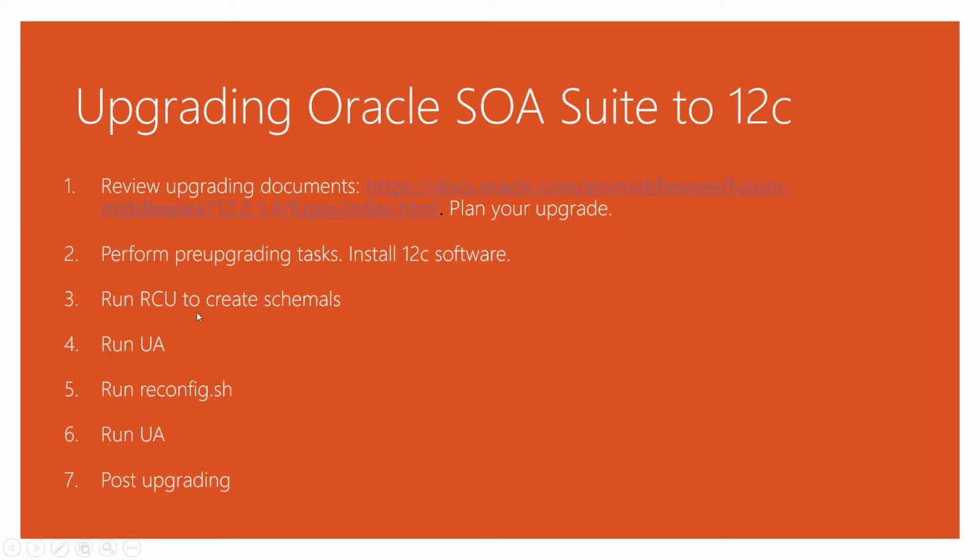So the actual upgrading steps. First we need to run the RCU to create some schemas. We're gonna skip this step because the next step is to run the upgrade assistant, which will also create the schemas.